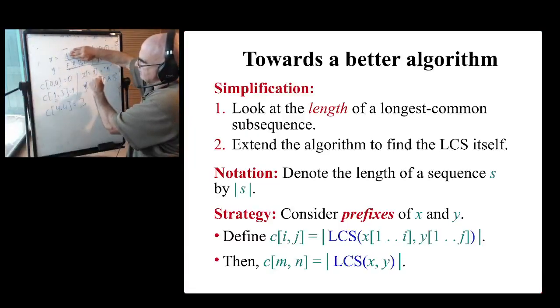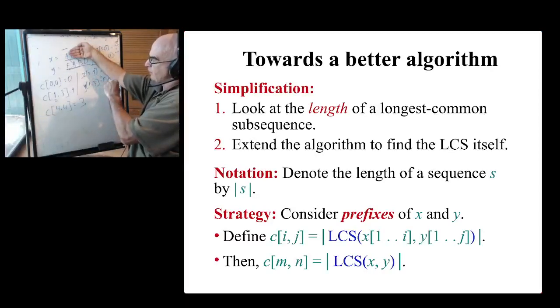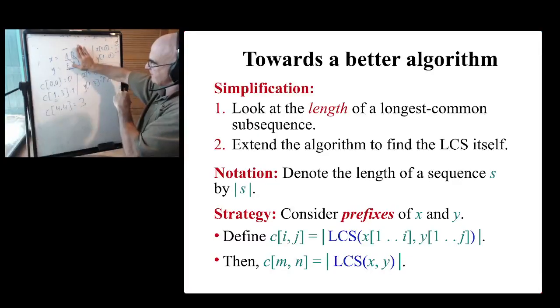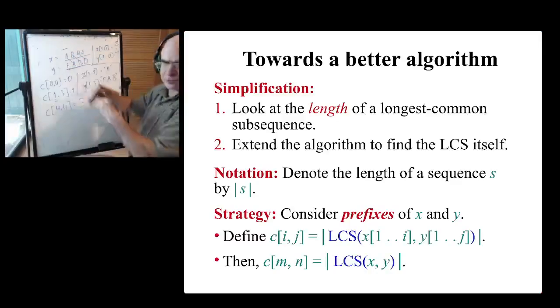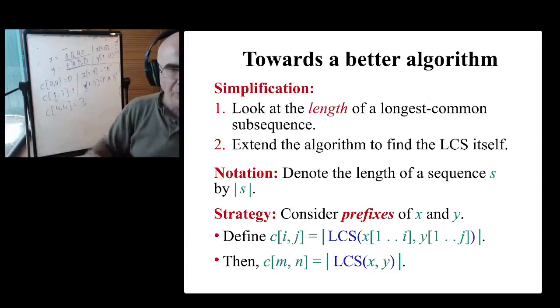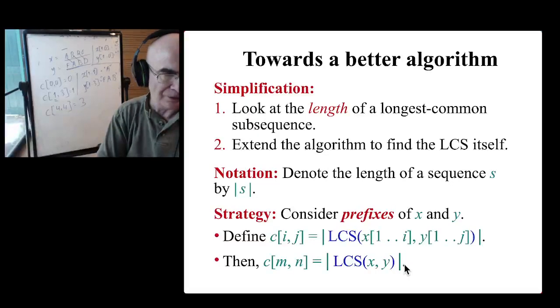I'm just looking at the prefix of 1 character of X and 1 character of Y, then maybe 1 character of X and 4 characters of Y, or 2 characters of X and 2 characters of Y, and so on, slowly moving into longer and longer problems until eventually I'll get to C[m][n], which is just the LCS of the whole of X and the whole of Y.